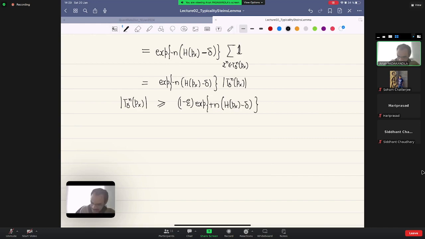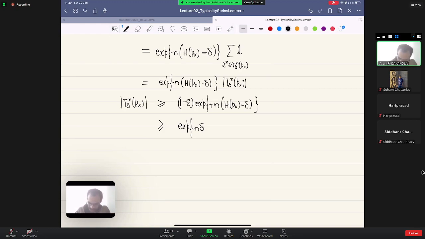And the idea is that you can choose your n large enough so that I can say this is e to the power minus n delta. So for any delta, you choose your n large enough, it will squeeze down, so you can make it less than 1 minus epsilon.